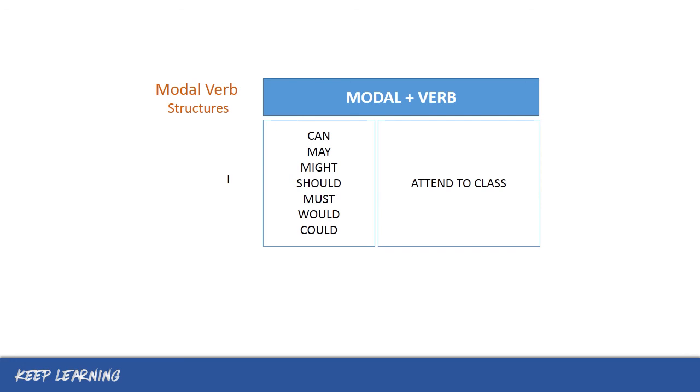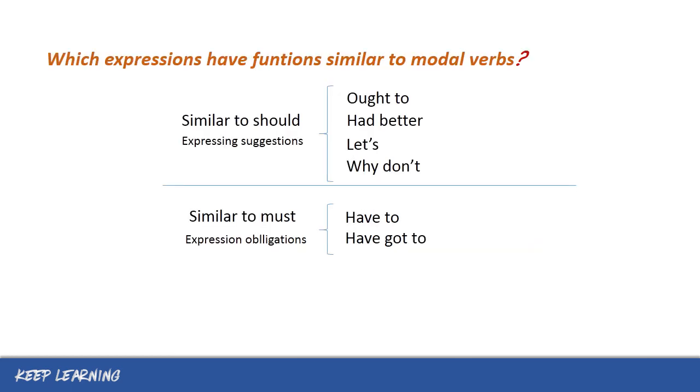I can't, I may not, I might not or mightn't, I shouldn't, I mustn't, I wouldn't, and I couldn't. Check out the pronunciation. Should, would, could. I hope you repeat that. Should, would, and could. That's the right pronunciation of those words.